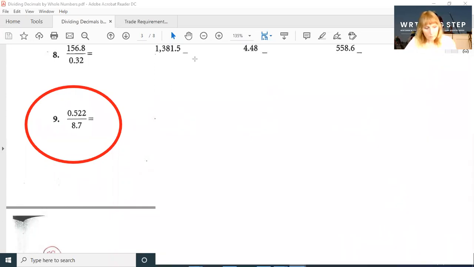We're going to divide. We're going to make our little division. And we're going to do 0.522 divided by 8.7. The top number is always on the inside. I'm dropping the 0. No sense in having that. 0.522. And 8.7 goes on the outside.